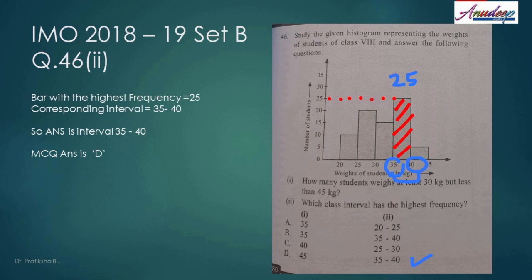And if you notice the interval, that is the numbers appearing on the x-axis, they are from 35 to 40. So the class interval corresponding to the frequency 25 is 35 to 40. So both the answers from the MCQ, if you want to identify the correct one: for the first sub question we got the answer as 45, and for the second it is 35 to 40. So the correct answer is D.